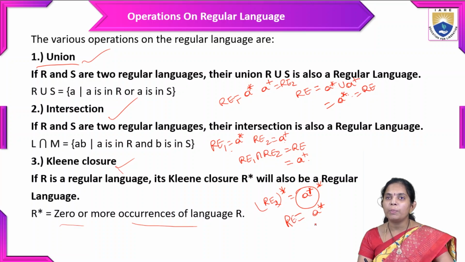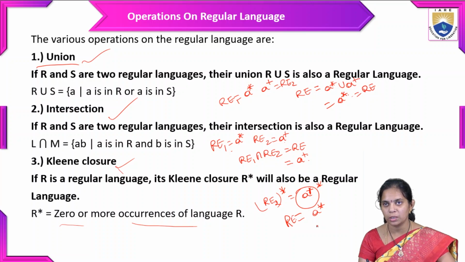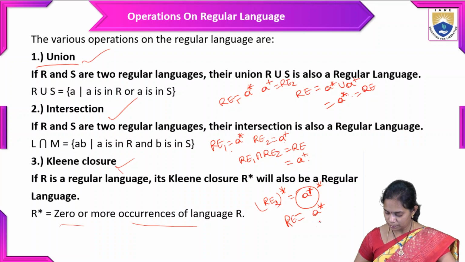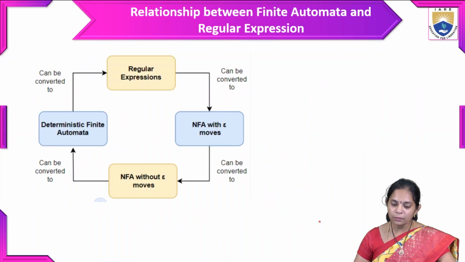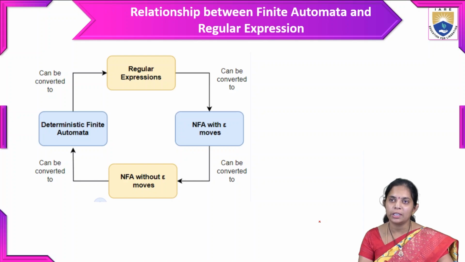So these are the operations which we are going to perform on the regular languages: union, intersection and Kleene closure. And what is the relationship between the finite automata and regular expression?